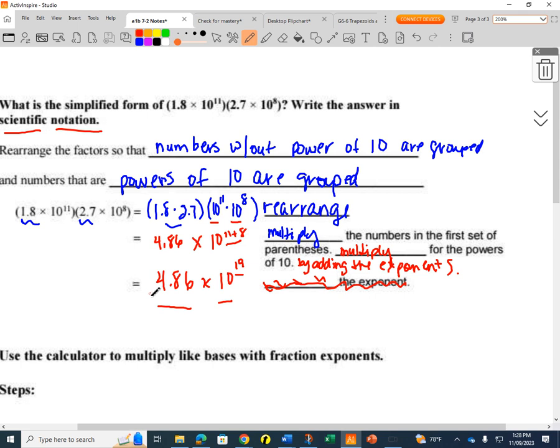Is 4.86 greater than or equal to 1? Yes. Is it also less than 10? Yeah. So this answer is already in scientific notation, so we don't have to change that around. That would be your final answer. Any questions?